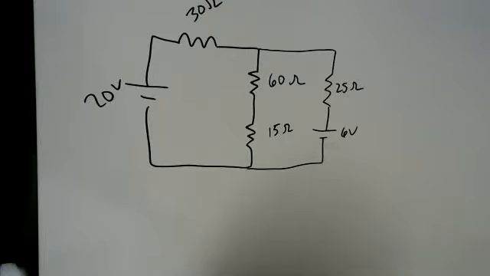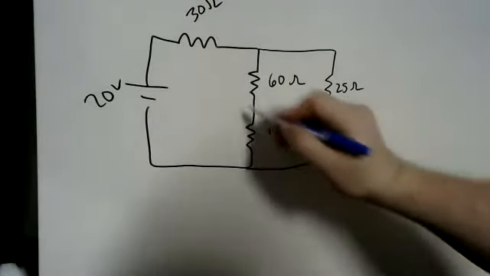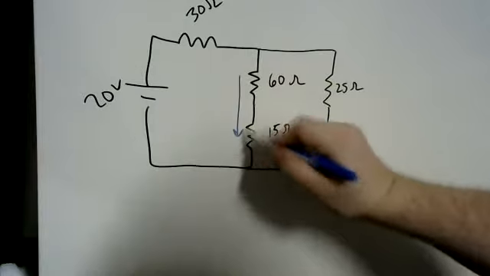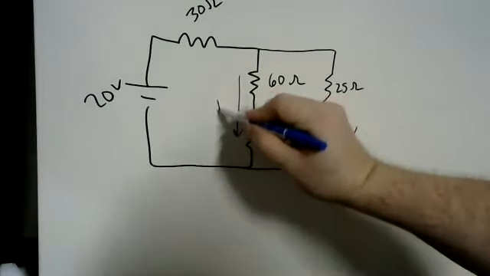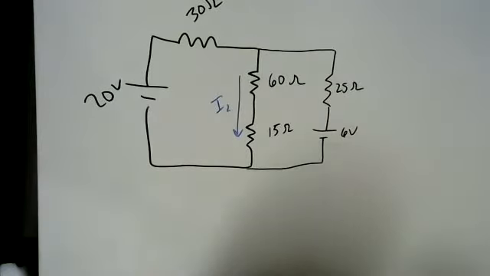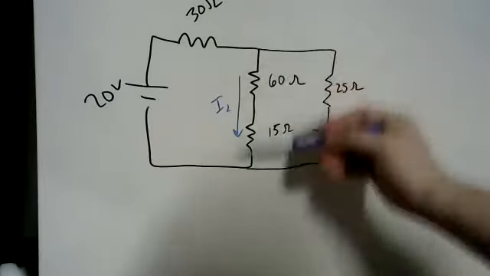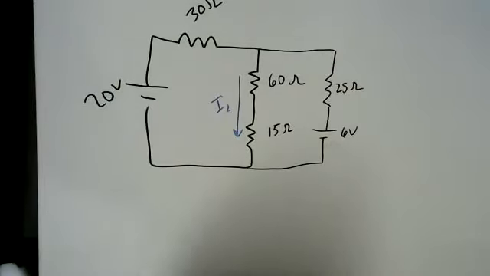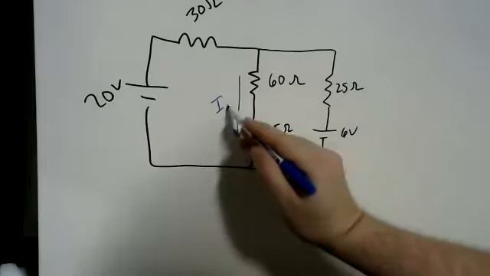When I ended the last video on this, I said that the current going through these resistors is what I'll call I2. I saw other people do different things, and that's fine. Some people said it went upwards; some called that I1 or I3, it doesn't matter. As long as you're clear in labeling it, that's what we go with. So this is I2.